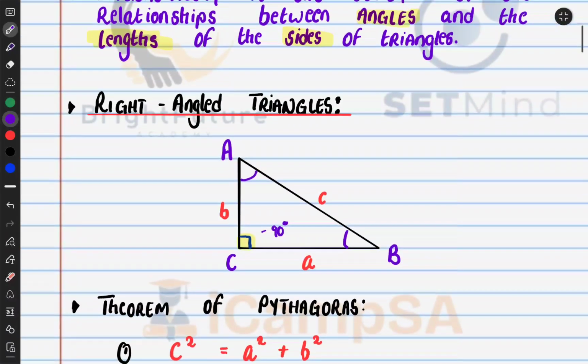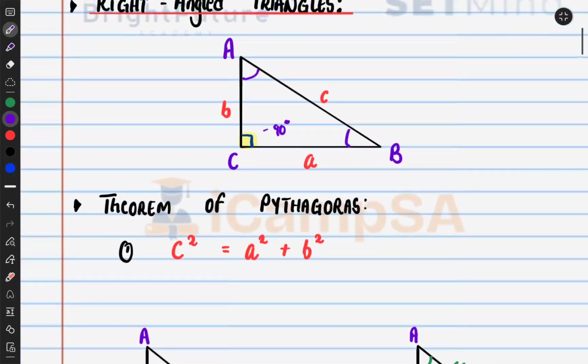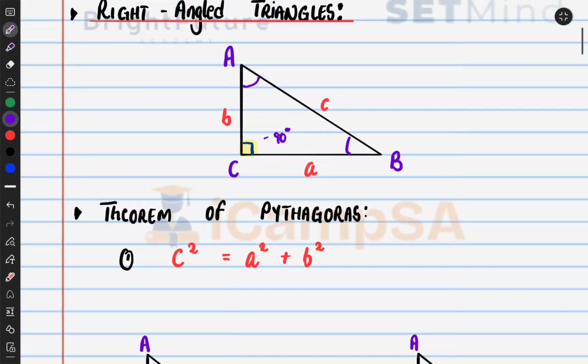Okay, and so when we're dealing with right angled triangles, there is the theorem of Pythagoras, which I would like to believe has already been introduced to you. The theorem of Pythagoras says the longest side of the right angle triangle, which we call the hypotenuse side, squared is equal to the sum of the squares of the other two sides.